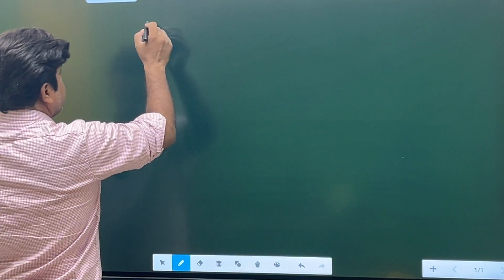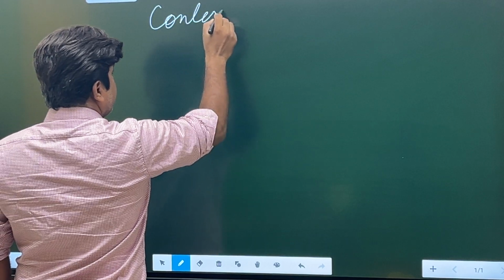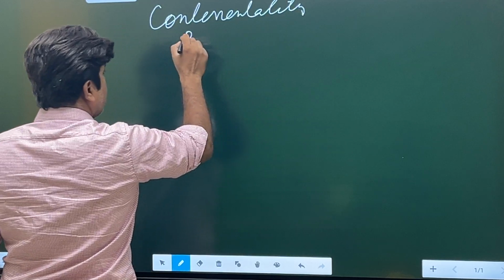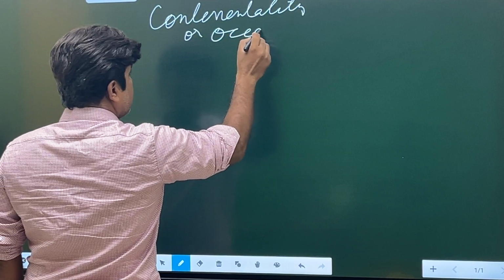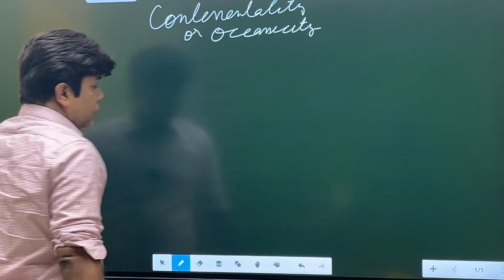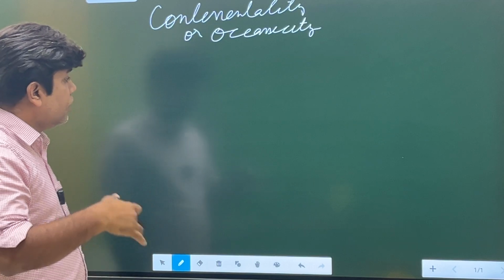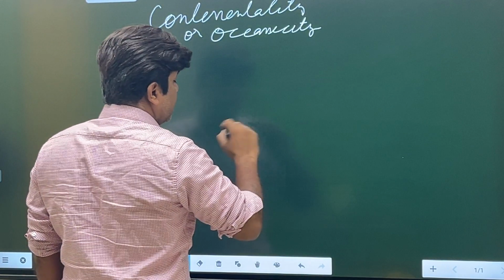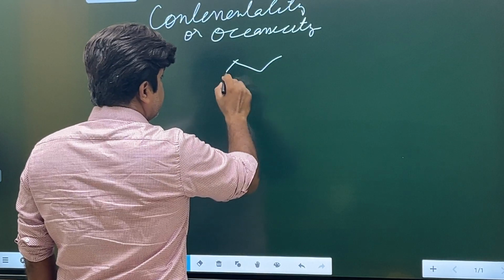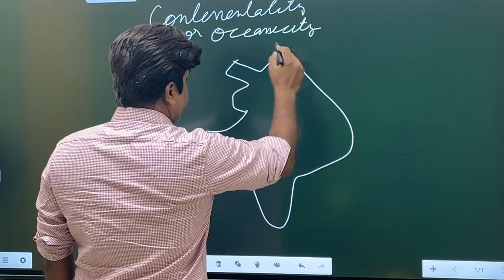Then the third factor is continentality or oceanicity. Oceanicity determines the temperature because all those areas located in a coastal region have a lower temperature compared to those areas located in the interior part.